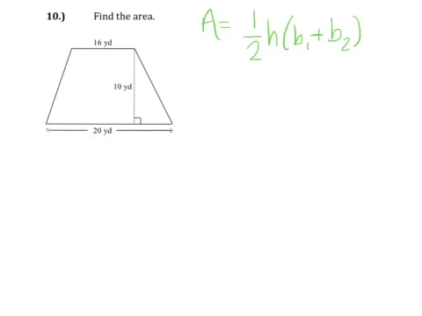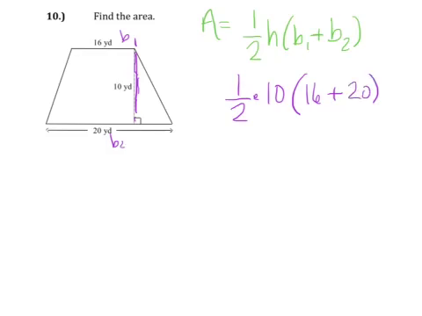Okay, number 10, we're finding the area of a trapezoid. So I wrote down the trapezoid formula for area. Okay, so we just need to plug in what we have. 1/2 the height would be here. Here, it's 10. Base 1 would be 16. Base 2 is 20.